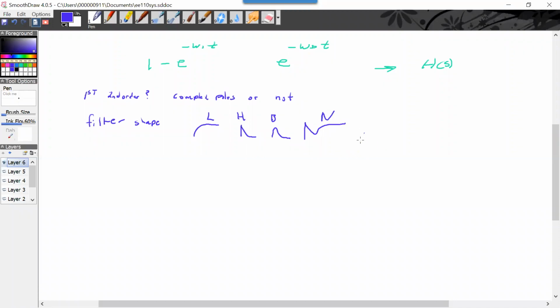And these are all functions. So is it a low pass? Is it high? Now, of course, low and high can be first order. Band and notch have to be at least second order.